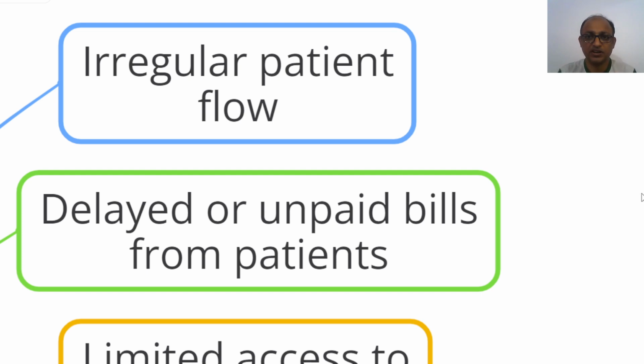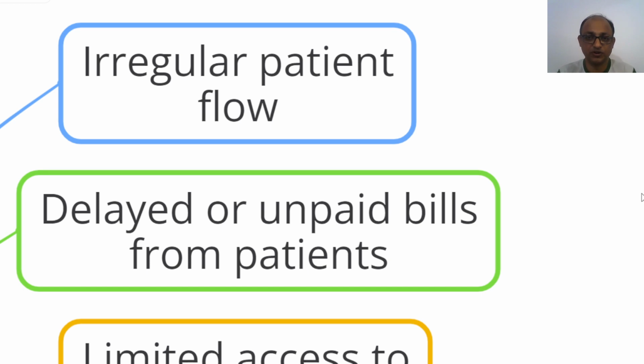As a small clinic doctor, you might face irregular patient flow. You never know, someday you will have more patients, someday you will have fewer patients, and there will be many days where you will not have a single patient also. That is a very common observation in a small clinic.